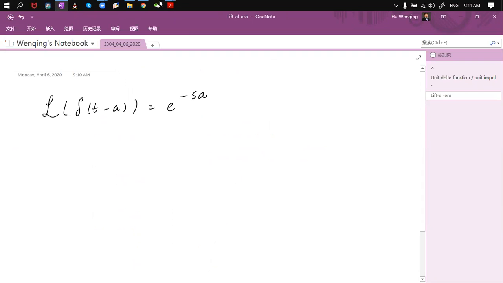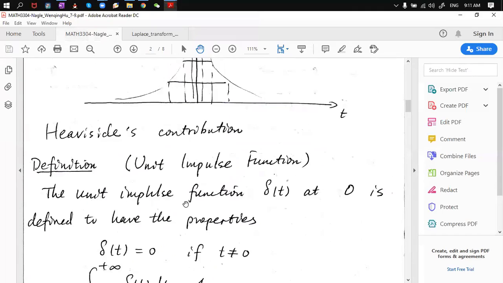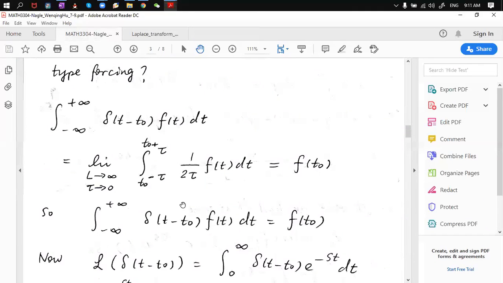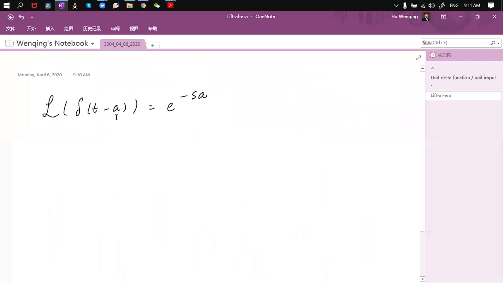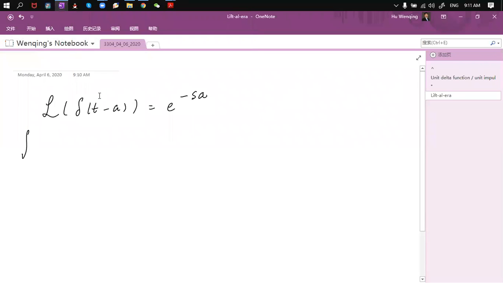Now I would like to consider a very general situation. Namely, if you want to have a delta function that has this property, I want to say the integral from minus infinity to plus infinity of delta of t minus t0 multiplied by any function f of t dt, right?